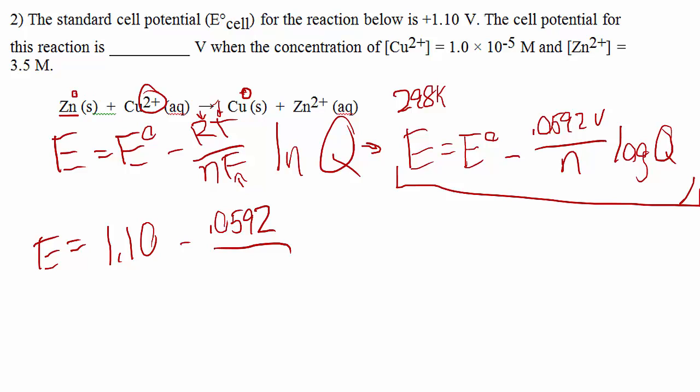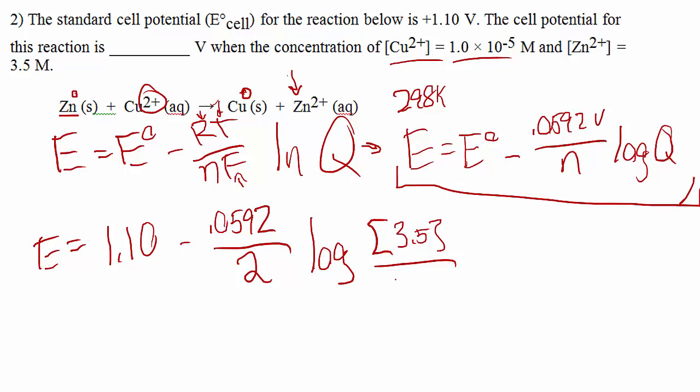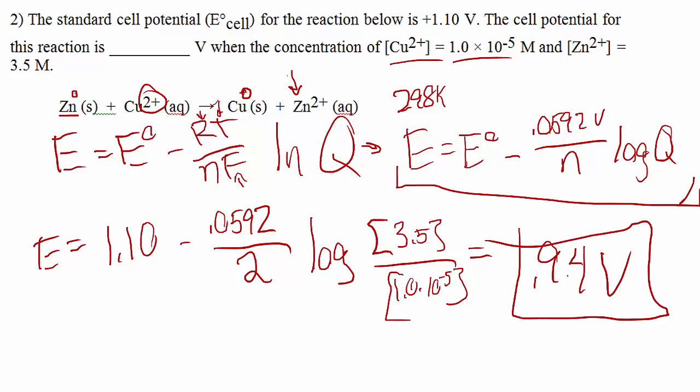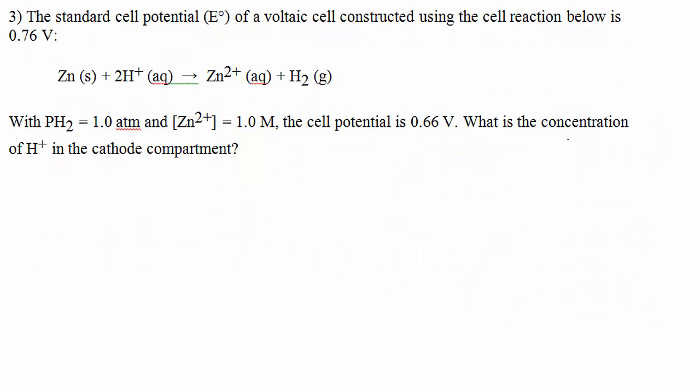Confirm: Zn goes from 0 to plus 2, that's also 2 electrons, so it's over 2 times log of the concentration of the product, which in this case is the Zn plus 2, so 3.5, all over the concentration of the reactant, which is this 1.0 times 10 to the minus 5. You plug that in and you get 0.935, 0.94 volts. If you didn't get that, it's because you plugged it in the calculator wrong. Do it the right way. Get that answer.